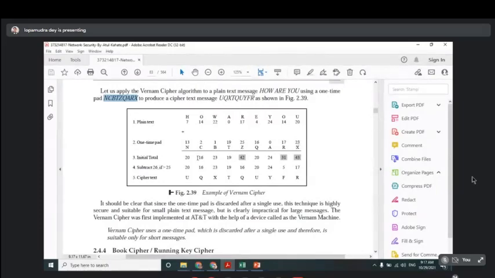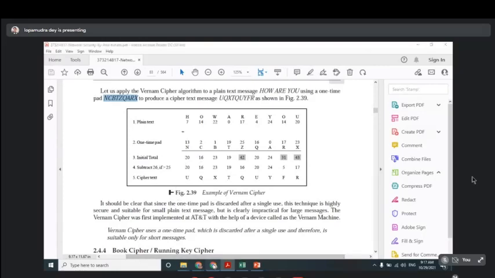Perform the addition operation, and if a number after addition is greater than 25, subtract 26 from it, so that the number ranges between 0 and 25, because our alphabet range is 0 to 25. Otherwise, you cannot convert these numbers to the corresponding alphabets. So this is the Vernam cipher.